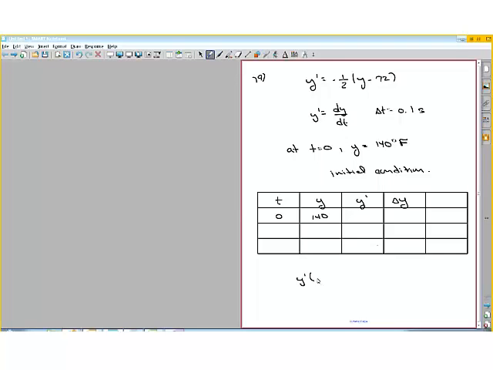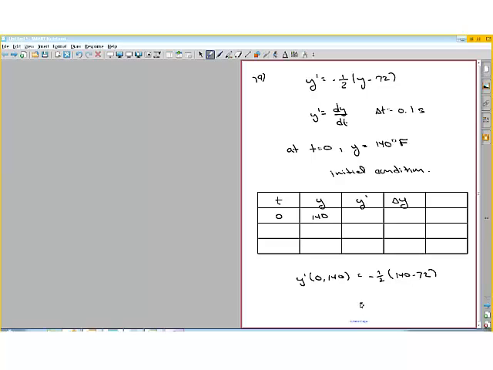So y prime at t equals 0. So it's 0, comma 140. T equals 0, y equals 140. Notice this doesn't have a t on this side. So it's different than the previous problem where we had both variables. So it's negative 1/2 times (y, which is 140, minus 72).